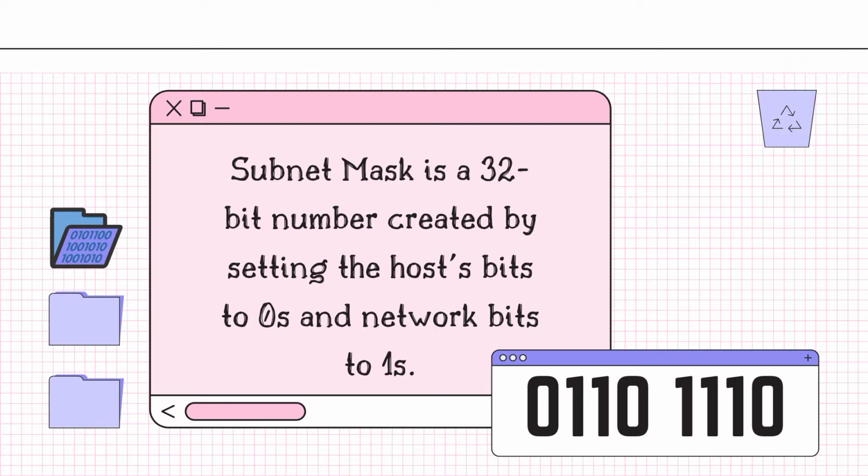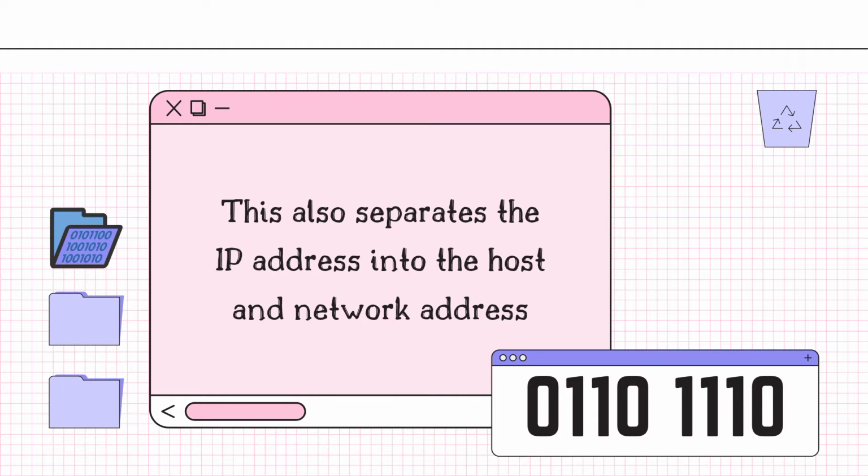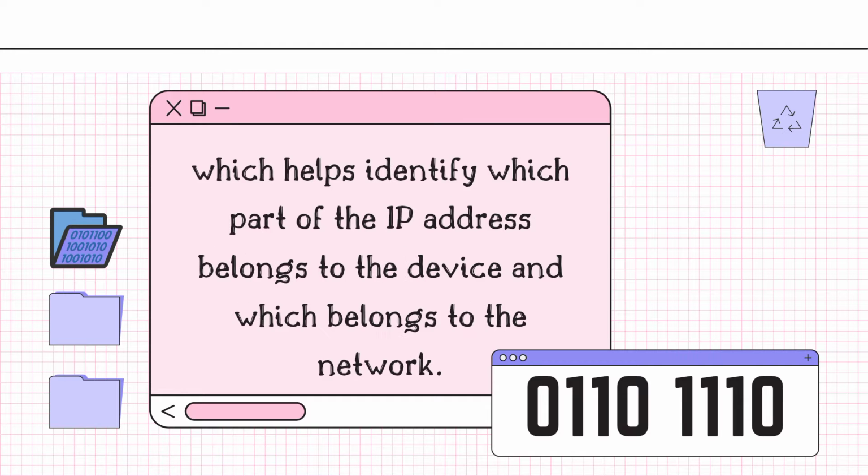Subnet mask is a 32-bit number created by setting the host bits to zeros and the network bits to ones. This also separates the IP address into the host and network address, which helps identify which part of the IP belongs to the device and which belongs to the network.